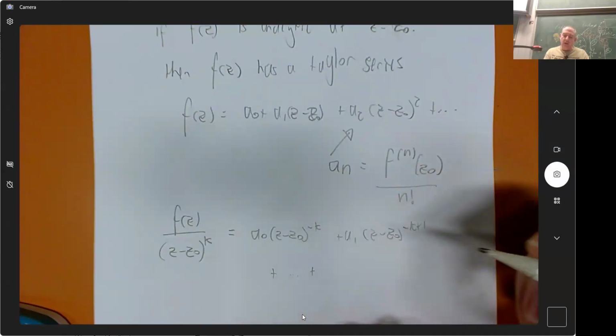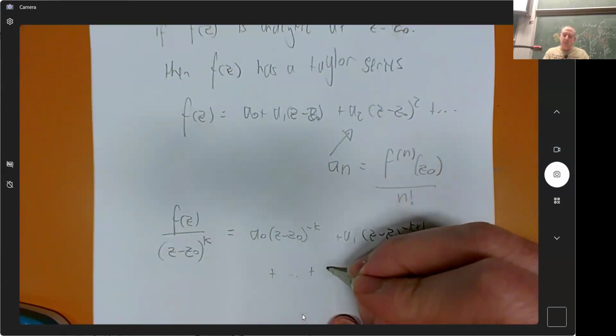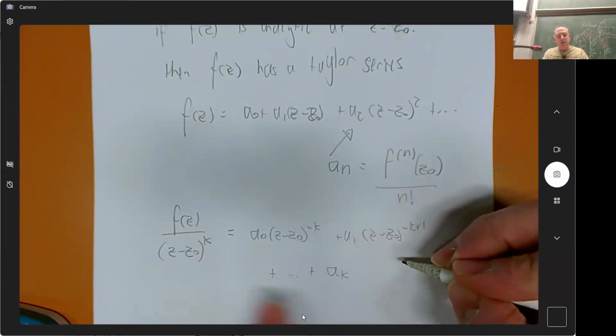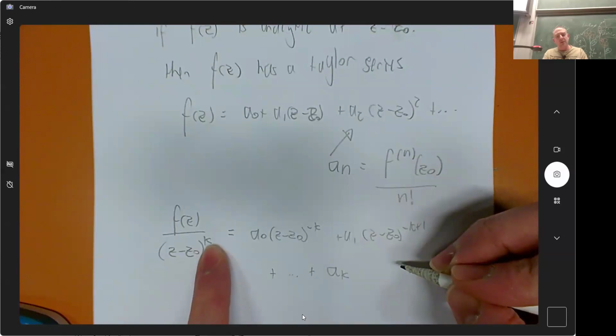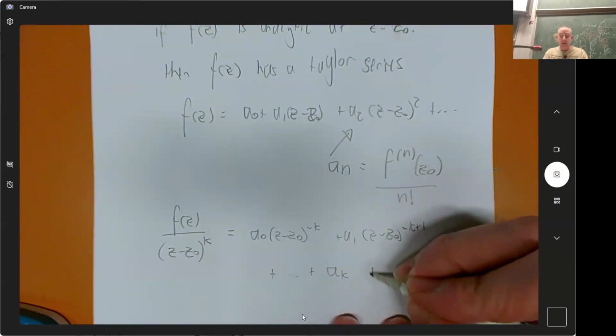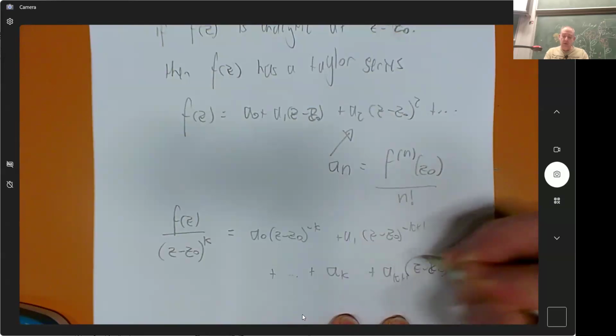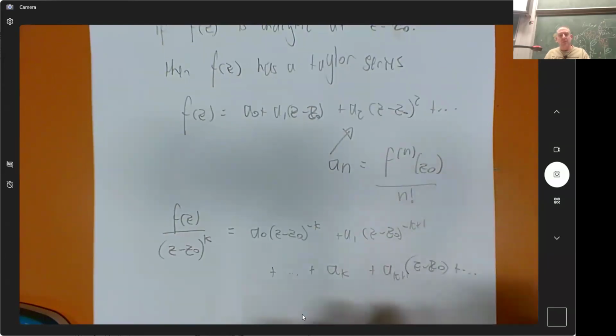At some point you'll get to the bit that would have had (z minus z0) to the power of k, and you divide it by (z minus z0) to the power of k, so you just get a plain number, and then you get a k plus 1 (z minus z0), and it'll keep going from there.